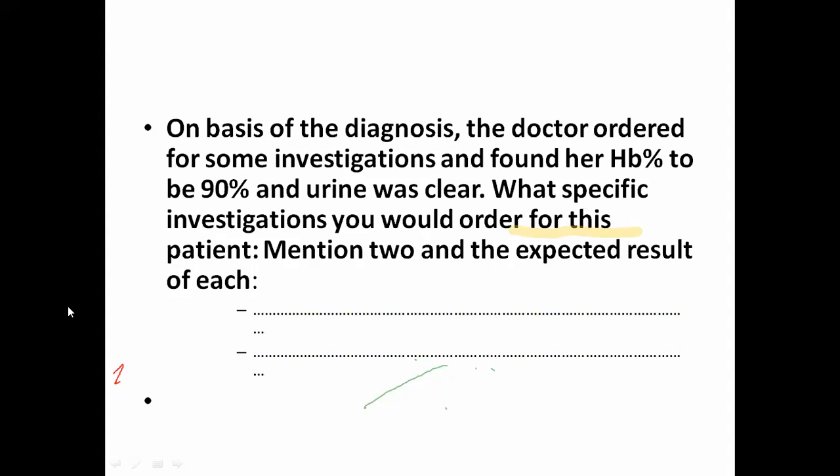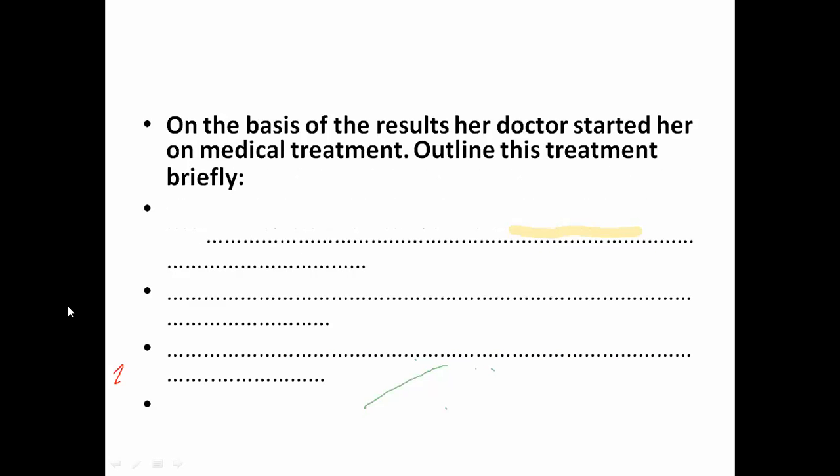The gross enlargement of the thyroid is universal and it is homogeneous. So you can put any two of these, thyroid function, thyroid scan, ultrasound, and you will give your justification why you chose these two investigations. Agree? Okay. Next.